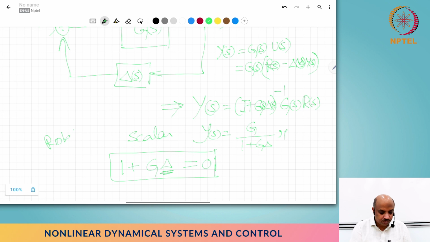So robust stability is basically the question of how big can delta be before the system becomes unstable. Okay.